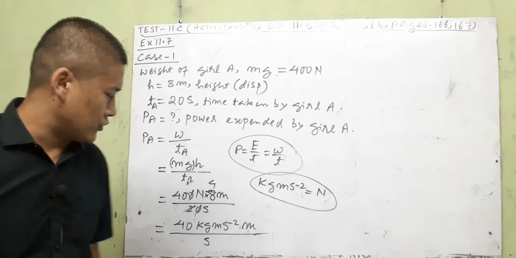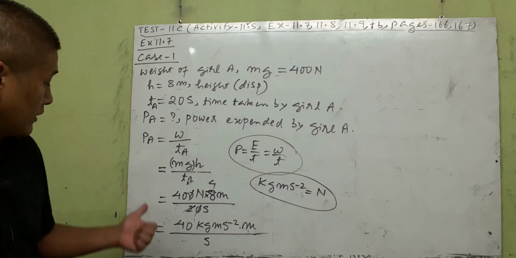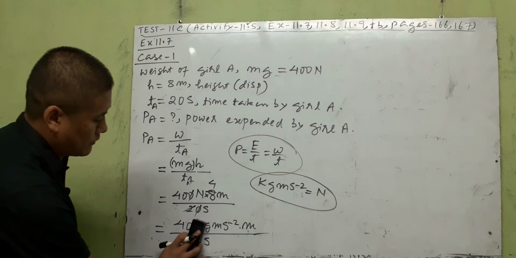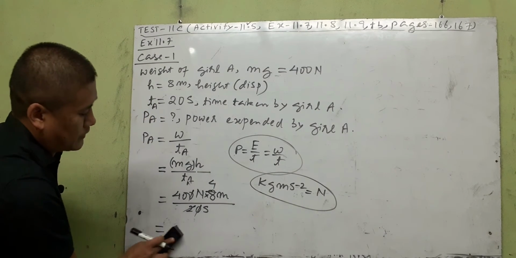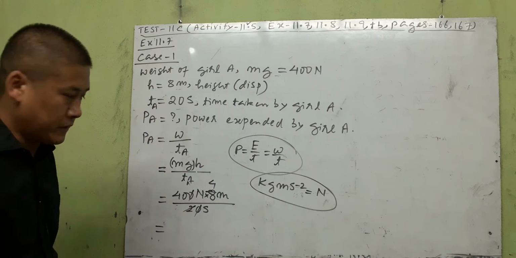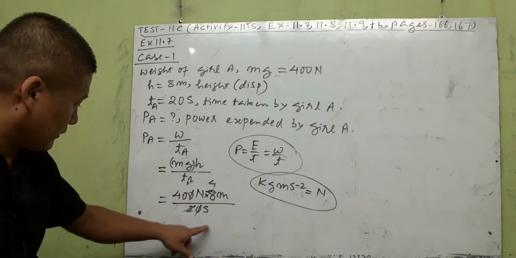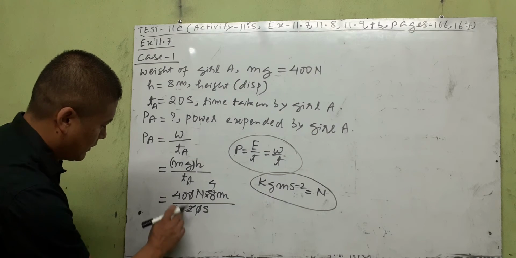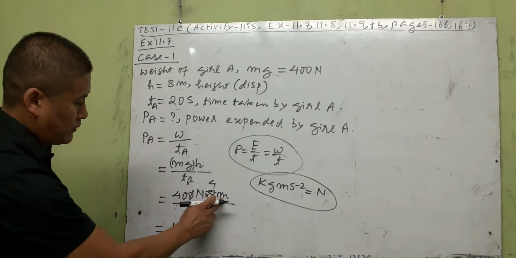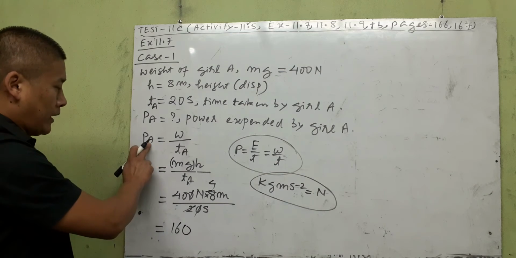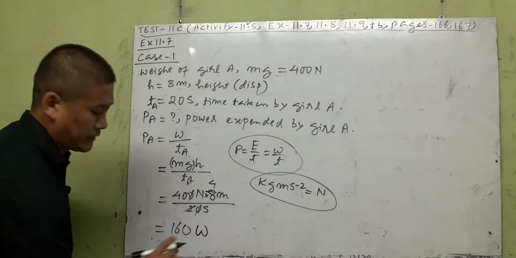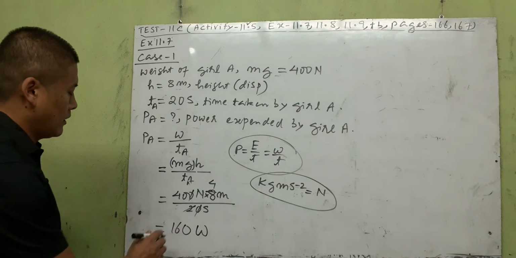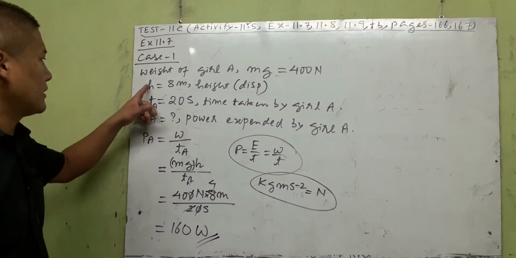You can do it like that and show, or since this is the power equation, we can directly write it in short form. So just keep it simple for the power. Everything is in SI unit. So power, 4 4s are 16, and here 1 0. Newton, meter, second, everything is SI unit. So the SI unit of power we know is watt. So we write here power expended by girl A is 160 watt, the first answer.